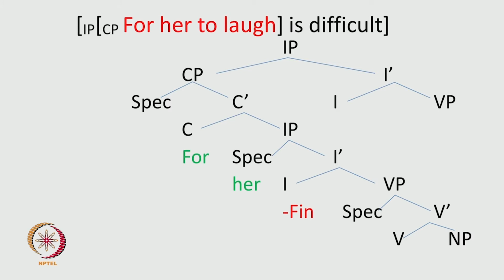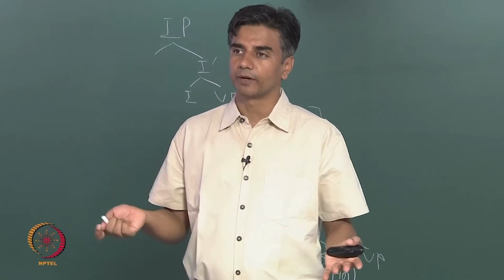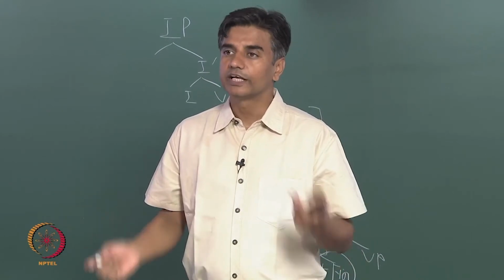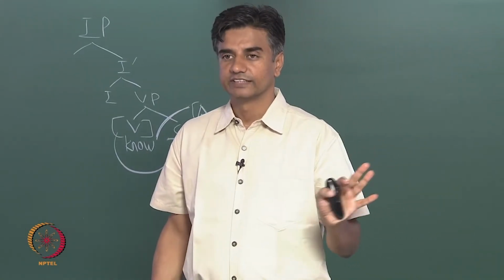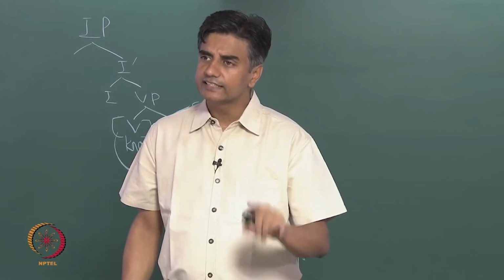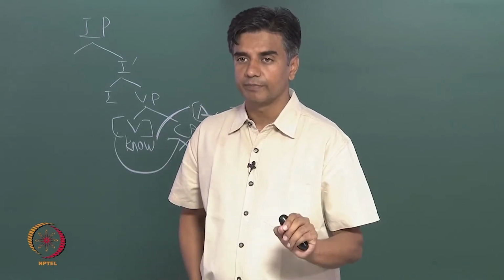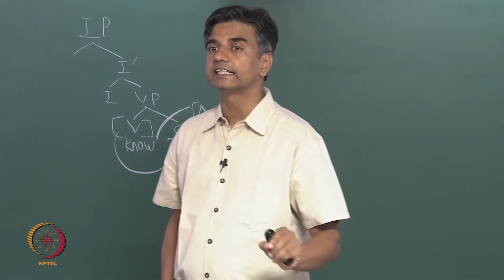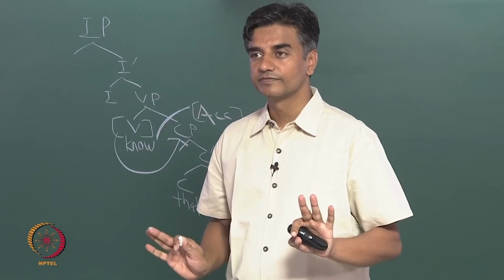So, the problem is, this spec IP should not have had any case, and that will also be a problem. We cannot say for she to laugh is difficult. The sentence is ungrammatical. So, there is no assigner of case that is accusative case to this NP. At the same time, if it doesn't get a case, the sentence is not allowed. Do we see the paradox?